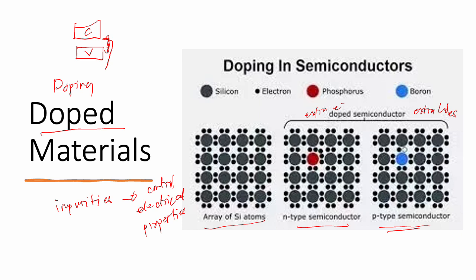So by precisely controlling the type and concentration of dopants, engineers and physicists can tailor the electrical properties of semiconductors for a specific application, such as transistors, diodes, and ICs.